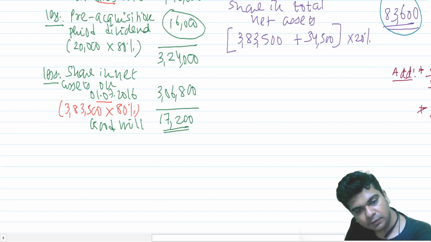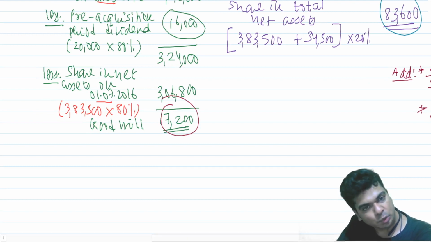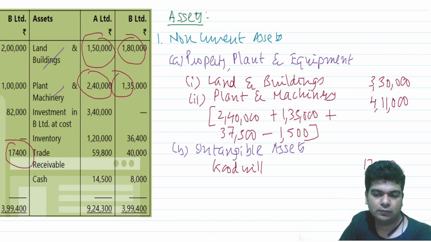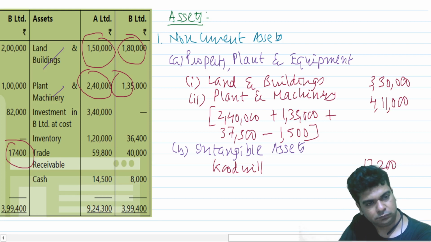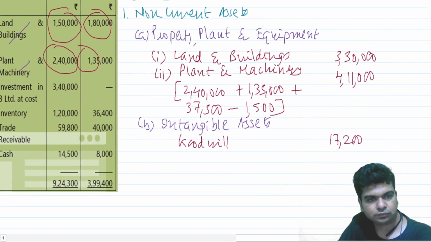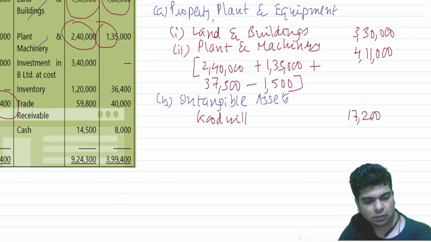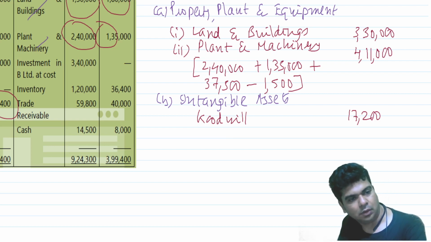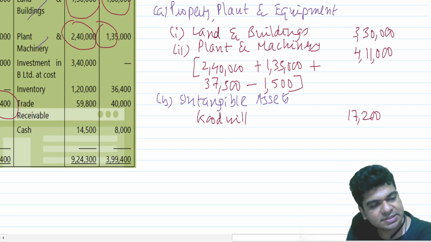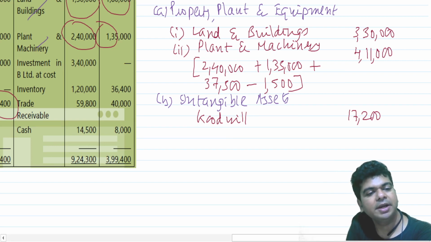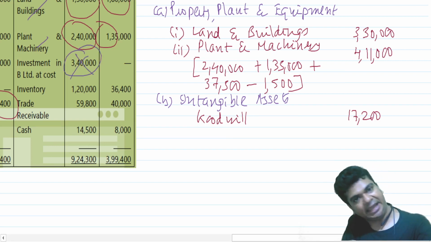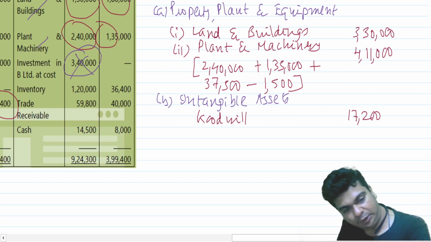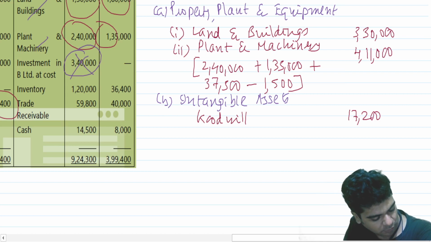It is indeed 17,200 of goodwill. Then I look at the assets. They have given me investment in B Limited at cost. This is cancelled by us, and that's how we got the resultant goodwill of 17,200. So no need to be shown over here.